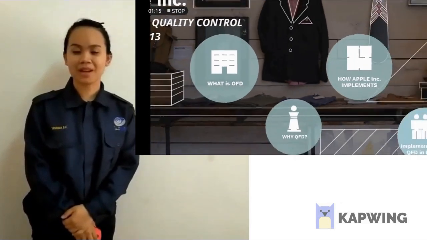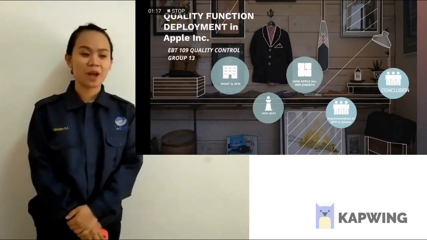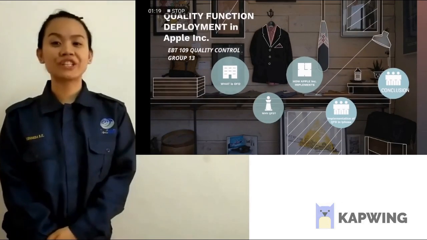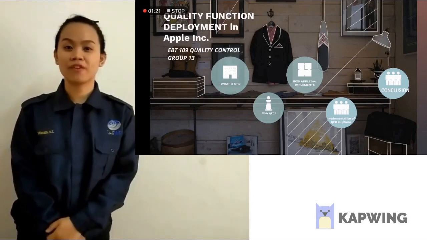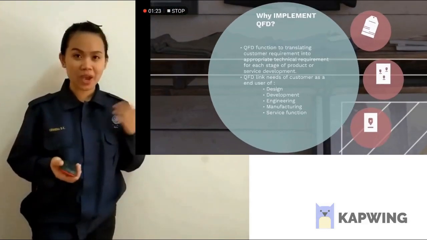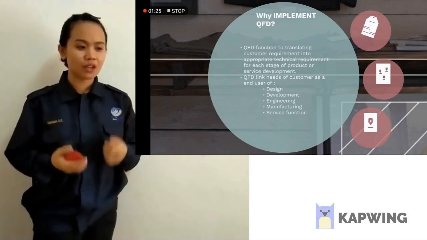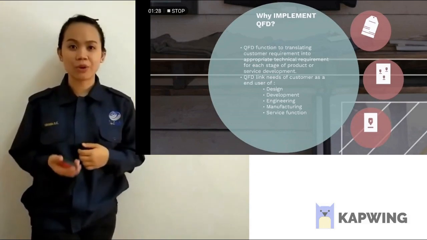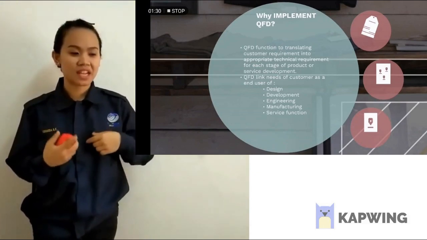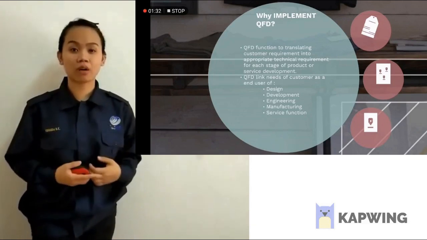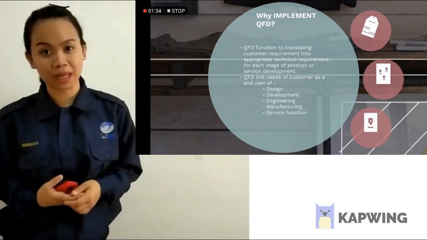Hi, I'm Venida Bermas Anak Kunding. Today I would like to present why we implement quality function deployment in the manufacturing industry. QFD is a function for translating customer requirements into appropriate technical requirements for each step of product or service development.